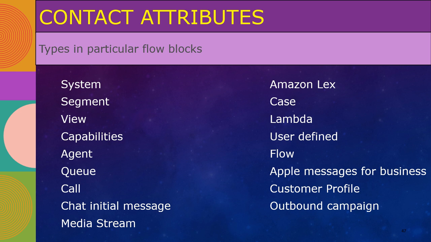And then there's a chat initial message. We could access that. There's media stream information, Lex bots, and here's case management information. There's certain cases, get anything it wants. So the Lambda gets the input from the input that's available in the block. The contact attributes are available in the block.